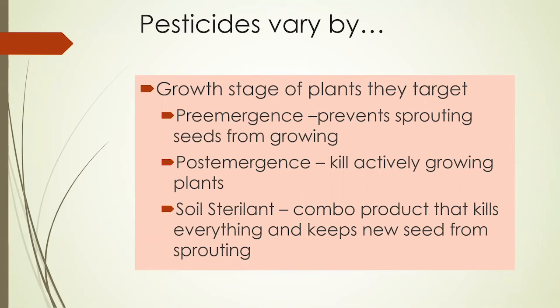So there can be combo products, and some of these are called soil sterilants. You'll see them in the big box stores over the counter. It's got a pre-emergent and a post-emergent, and a lot of times will have a very high residual, and it kills everything growing and prevents anything from growing there for 12 months, say.